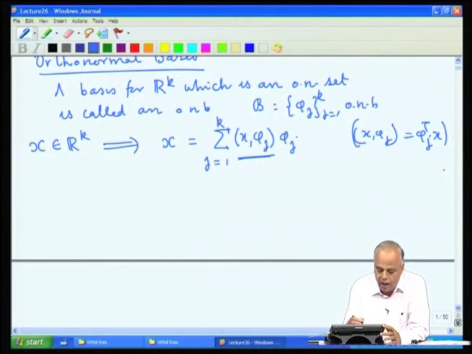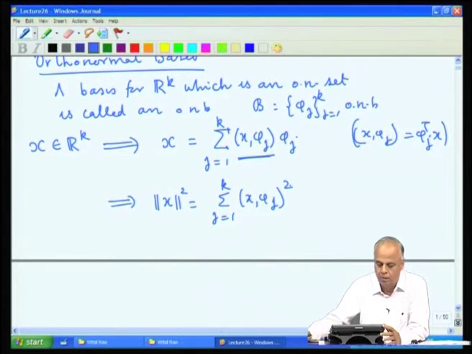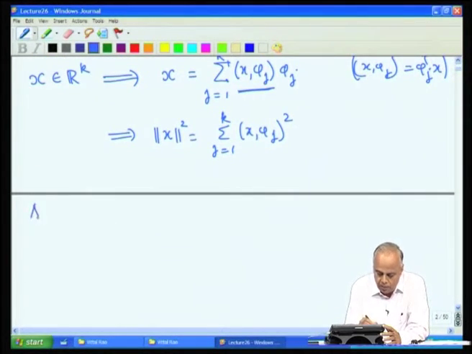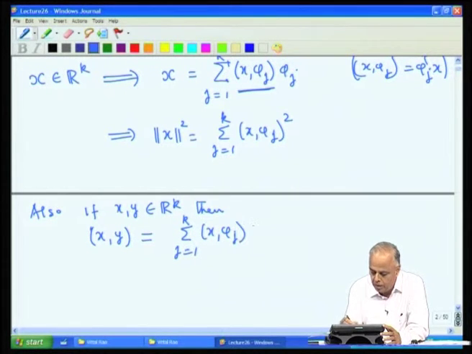Now, from this we also have that the length of x squared is given by the sum of these inner products squared. Also, if x and y are in R k, then the inner product of x and y, or the dot product of x and y, just in terms of these coefficients is the sum of the inner product of x with phi j times the inner product of y with phi j.